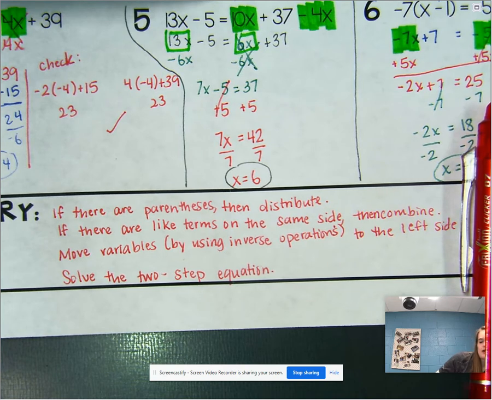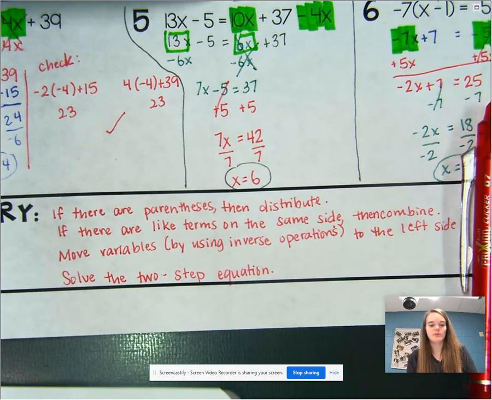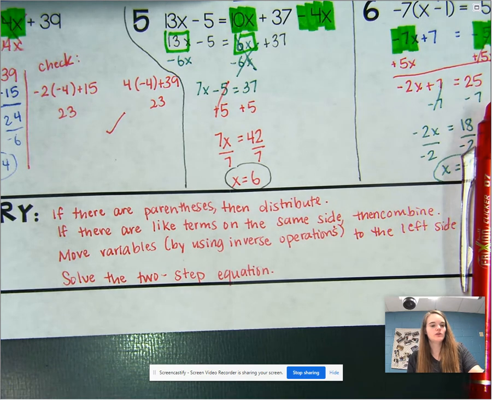While you're getting ready to glue this in your notebook, today's homework is that 2.2 solving equations, but it's the solving multi-step equations one. If you are watching this because you downloaded it because you don't have internet, you're going to do it on the worksheet and type it in on Edulastic when you get back to class.